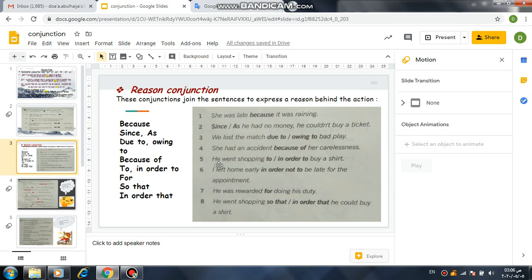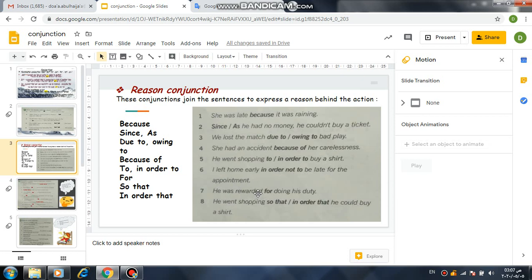Number 5. He went shopping to or in order to buy a shirt. The reason for going shopping is to buy a shirt. I left home early in order not to be late for the appointment. So we use in order to.